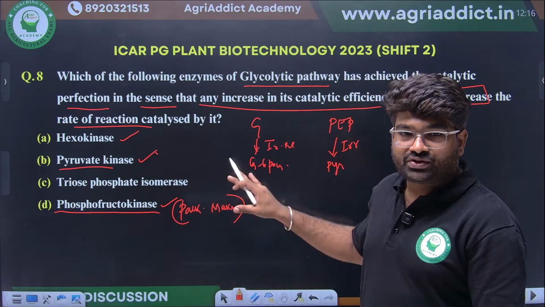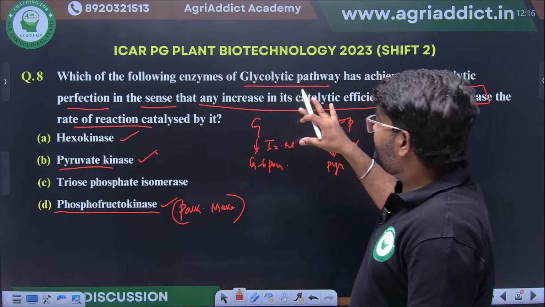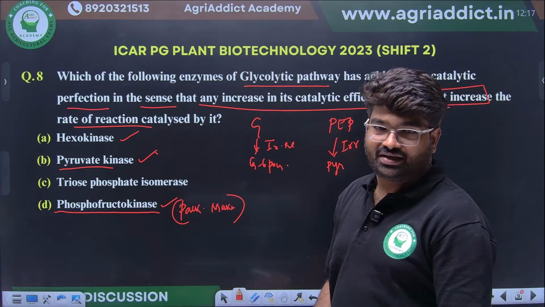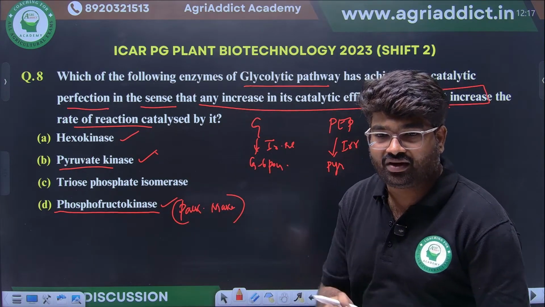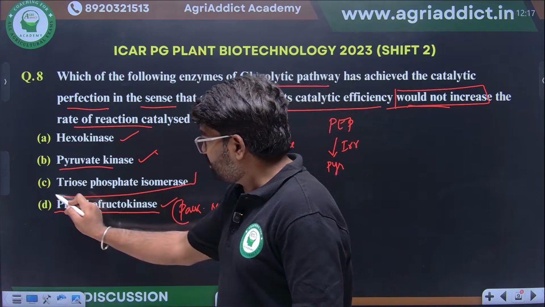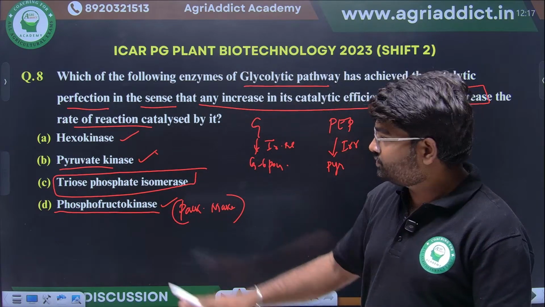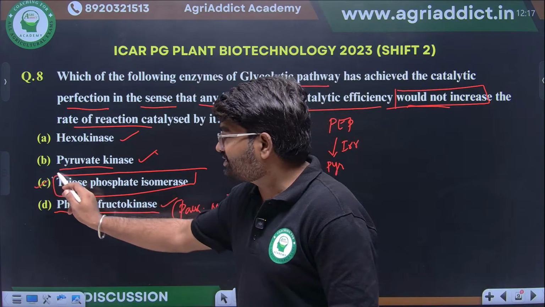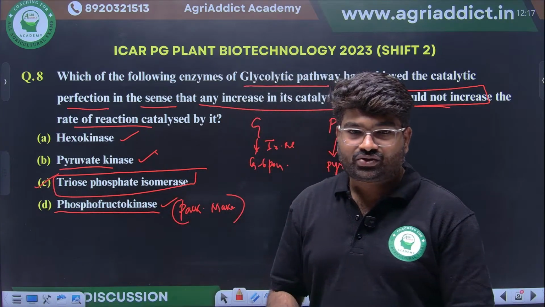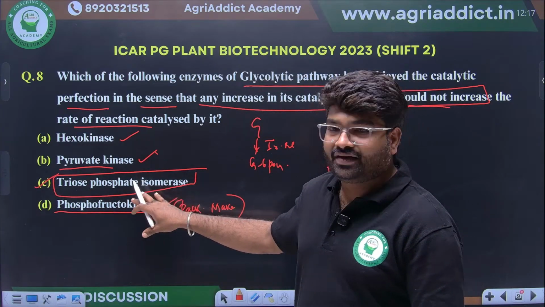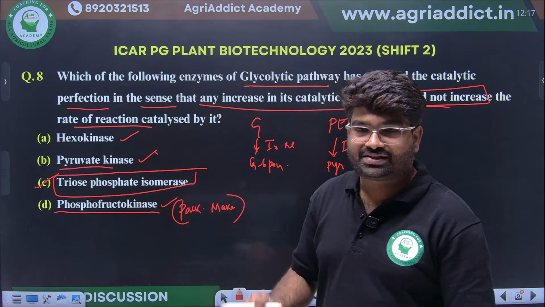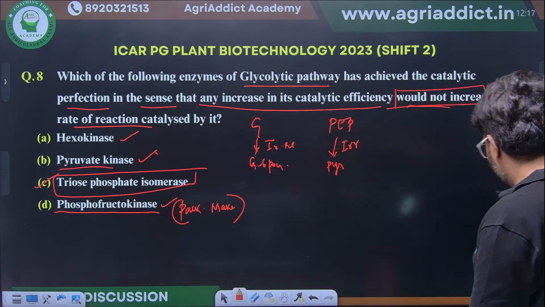But if you see, they are asking, even if we increase a particular enzyme concentration, that will not increase the glycolysis. So this is the right option. They are asking which does not increase the pathway. So triphosphate isomerase is not a regulatory enzyme. So even if you increase the activity, it will not increase the glycolysis. Clear? So the option will be C.